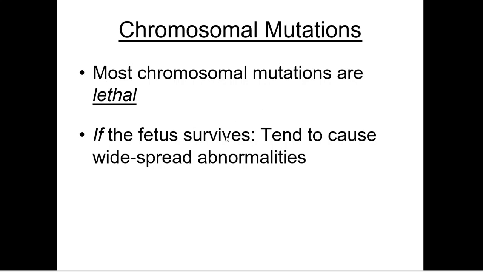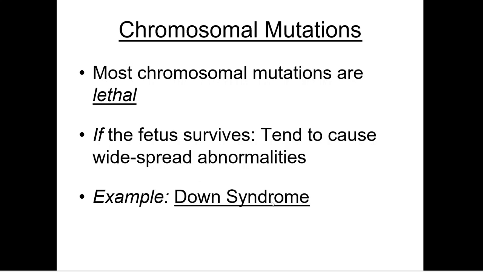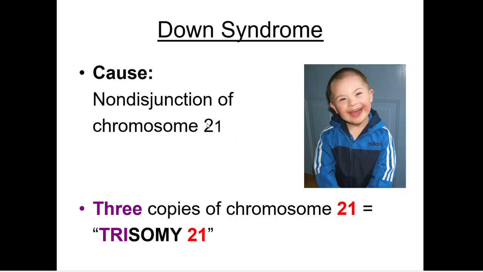And if the fetus survives, they tend to cause widespread abnormalities. So they have a lot of problems throughout their entire body. And the example that we can think of is Down syndrome, which is that trisomy 21, okay? And this is the cause. They're super cute, though. It's non-disjunction of chromosome 21, and they have three copies of chromosome 21.